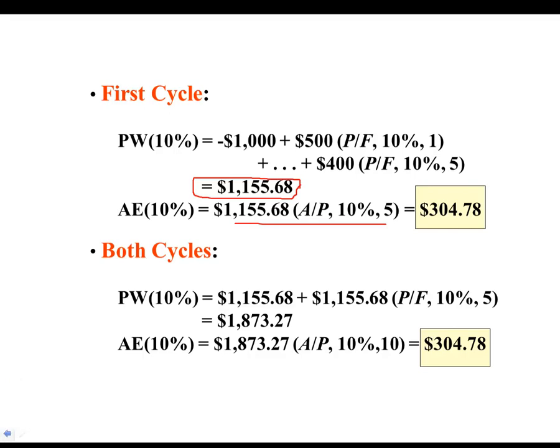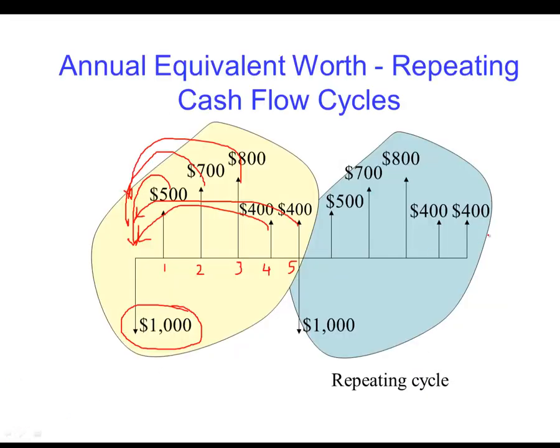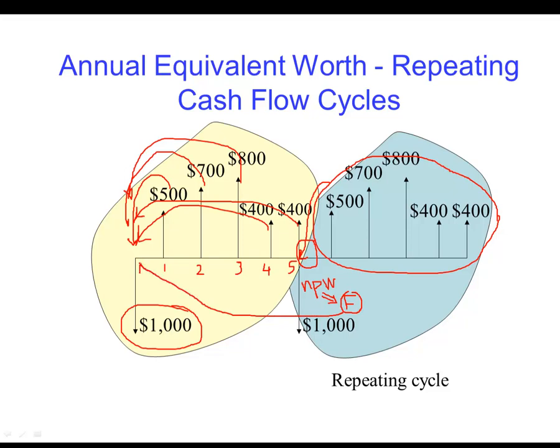Since we are bringing all these values back to year 5, finding the net present worth for these payments, now I will use that as a future value and bring that future value back to year 0.